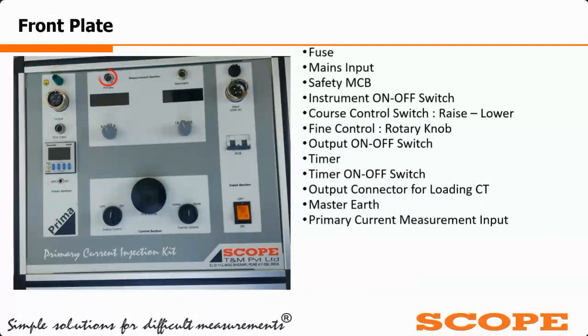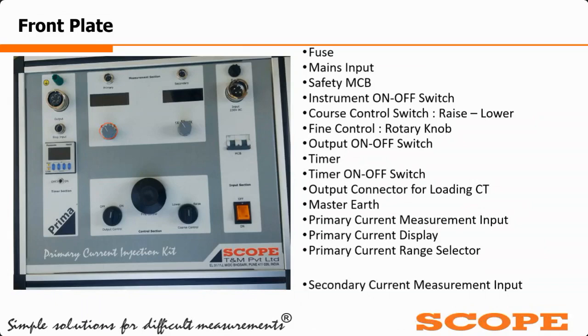Then primary current measurement input, which we need to connect for measurement of primary current. Then primary current display. Here we have provided separate displays for primary current measurement and secondary current measurement. Then primary current range selector. Here, as I said, we have provided three ranges: rated, rated divided by 2, and rated divided by 4.